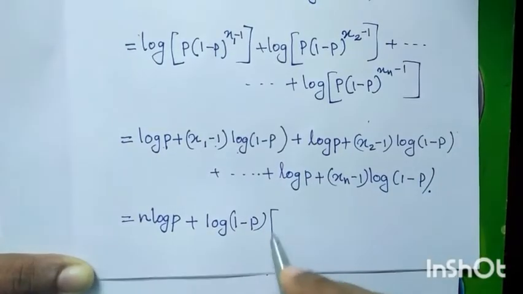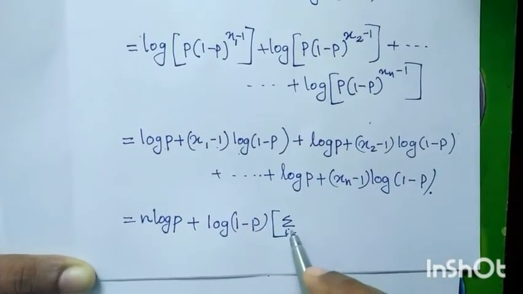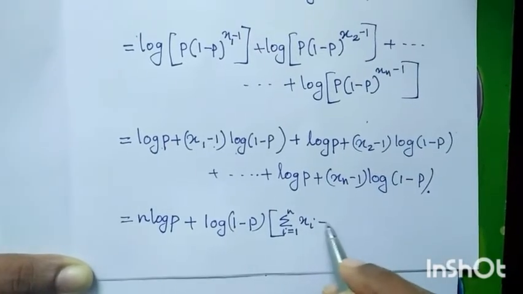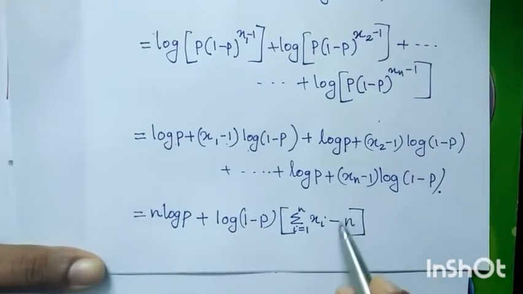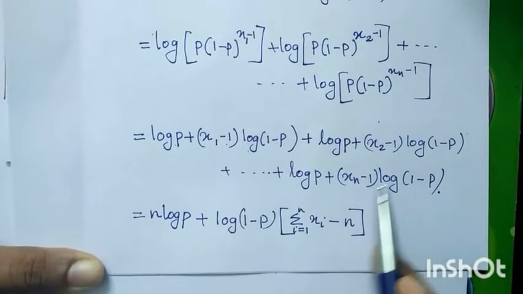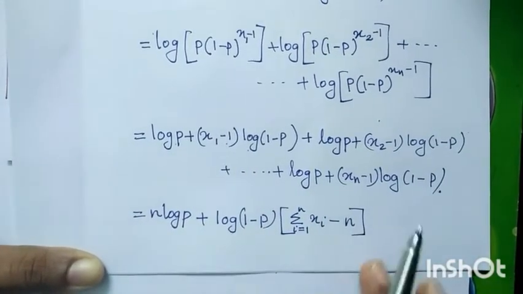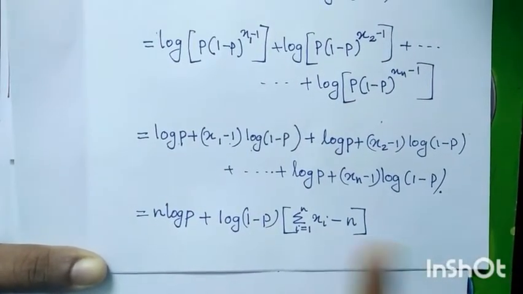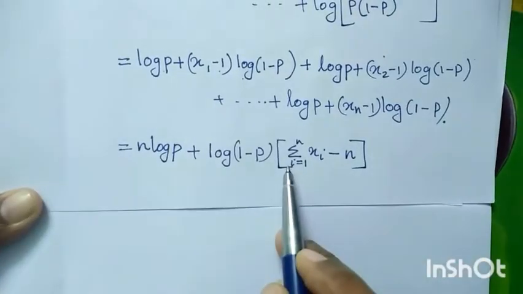So from this we get sigma i equal to 1 to n xi minus n. Here there is a minus 1 here, a minus 1 here, a minus 1 here, so in total n number of minus 1s are there. So we get minus n. So now this is the log likelihood function.